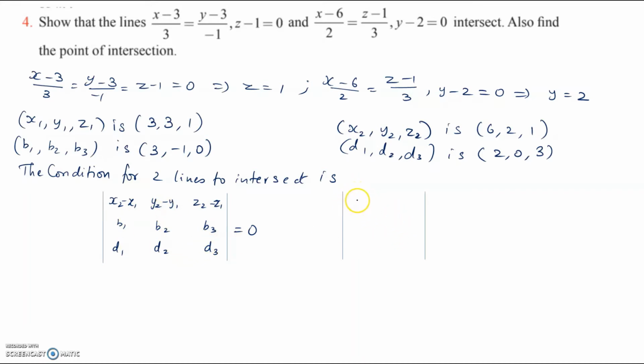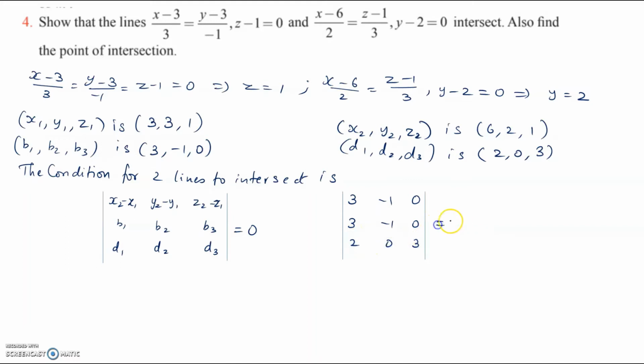So our x2 minus x1, which is 6 minus 3, will be 3. y2 minus y1 will be 2 minus 3, which is minus 1. Then z2 minus z1 is 0. Then our b1, b2, b3 is 3, minus 1 and 0. Our d1, d2, d3 is 2, 0 and 3.